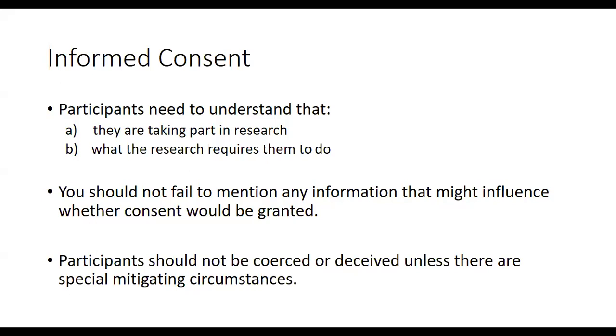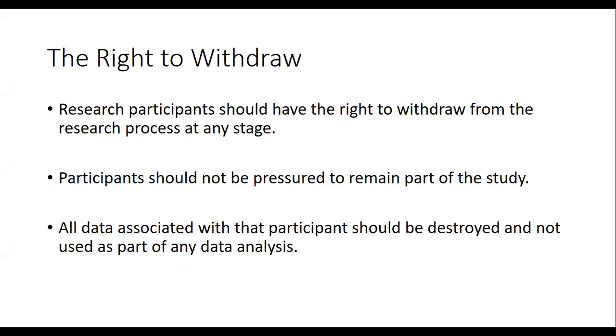And then you should not fail to mention any information that might influence whether consent would be granted, okay? But also participants should not be forced or deceived unless there are special mitigating circumstances in your design.